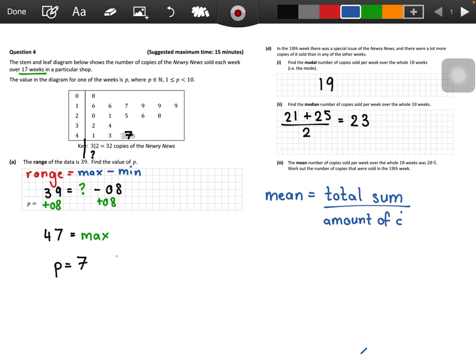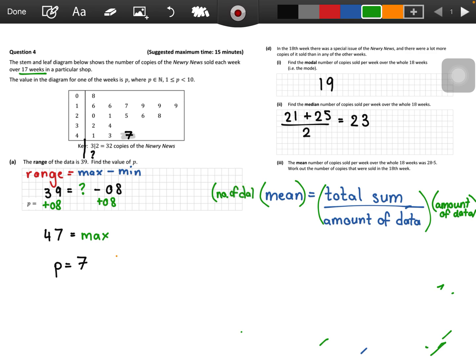Now, if we look at this a little bit backwards, what this is telling me is if I multiply across by the amount of data, on both sides, I'm just going to say number of data because it's just quicker to write.